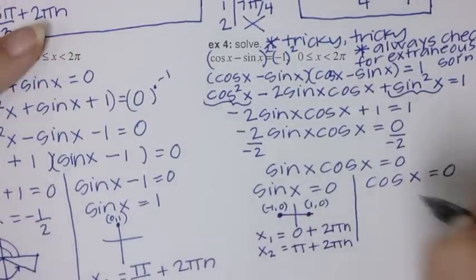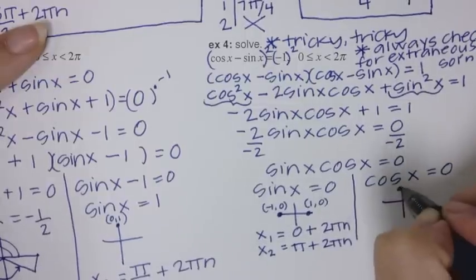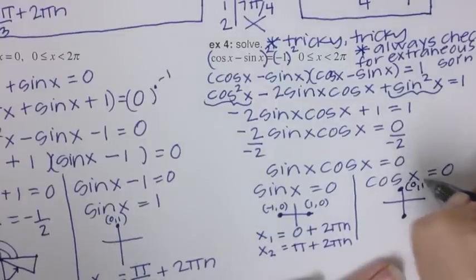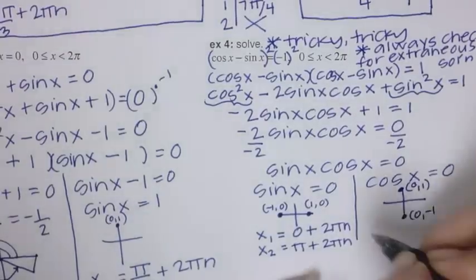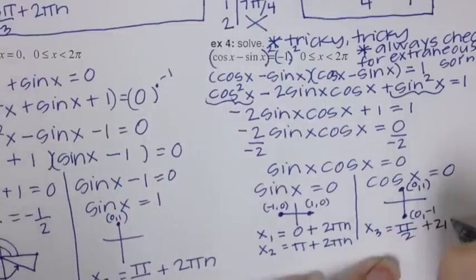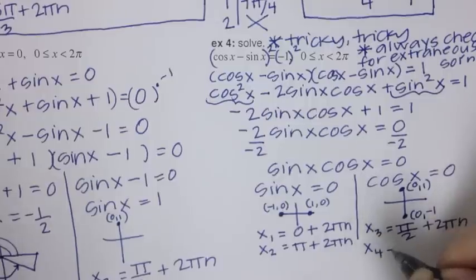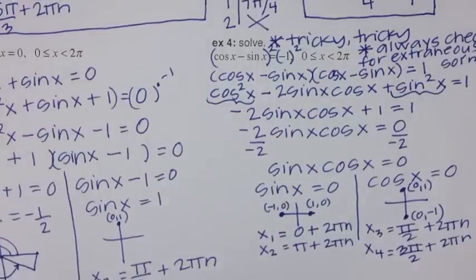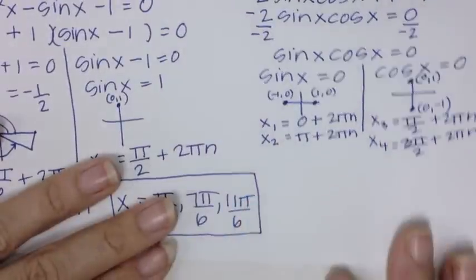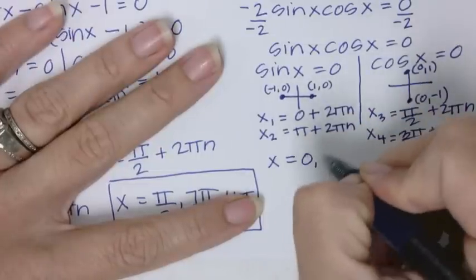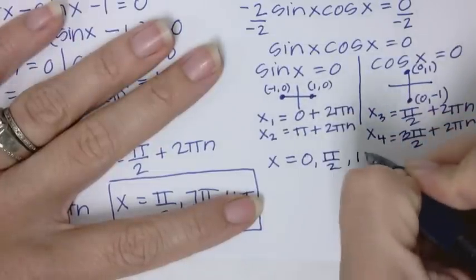And then we come over here and we do cosine, and it's going to equal 0 wherever x is 0, which happens at pi over 2 plus 2 pi n, and 3 pi over 2 plus 2 pi n. So what would our solutions be over the interval from 0 to 2 pi? Since that's a condition, they would be 0, pi over 2, pi, and 3 pi over 2.